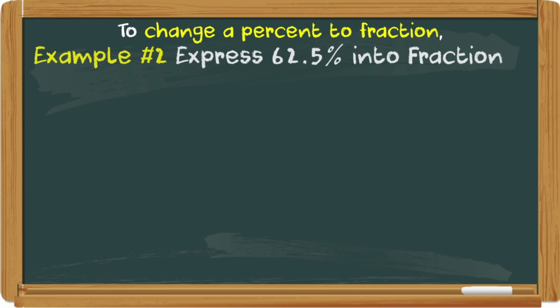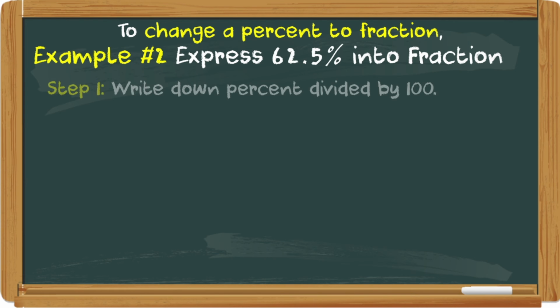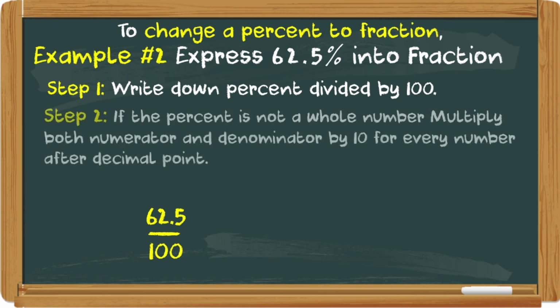Let's try another example. Express 62.5% to fraction. Step 1, write down percent divided by 100. So we'll have 62.5 over 100. Step 2, if the percent is not a whole number, multiply both numerator and denominator by 10 for every number after the decimal point.